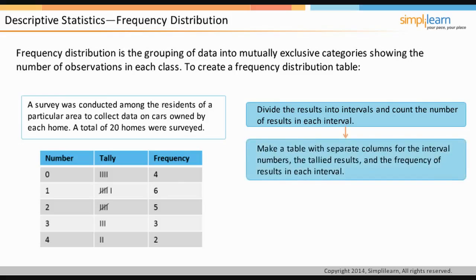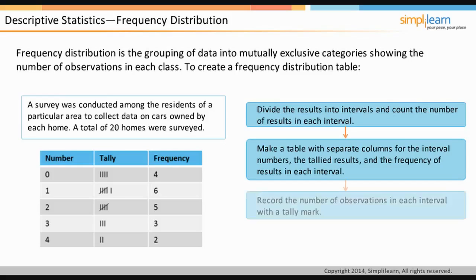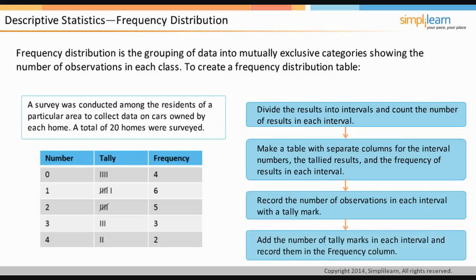Next, a table is created with separate columns for the intervals, the tallied results for each interval, and the number of occurrences or frequency of results in each interval. Each result for a given interval is recorded with a tally mark in the second column. The tally marks for each interval are added, and the sum is entered in the frequency column. The frequency table allows viewing distribution of data across a set of values at a glance.